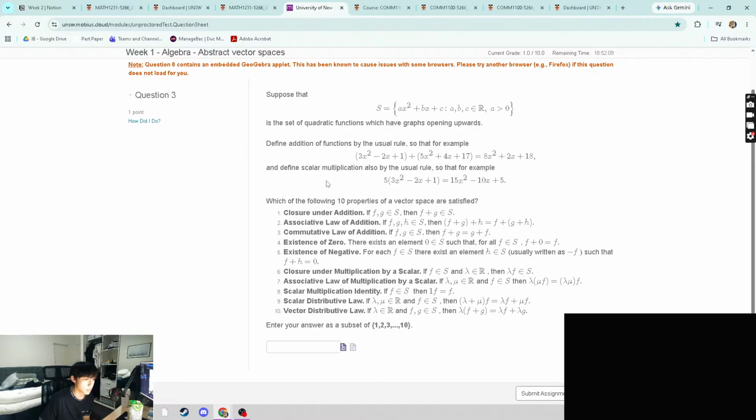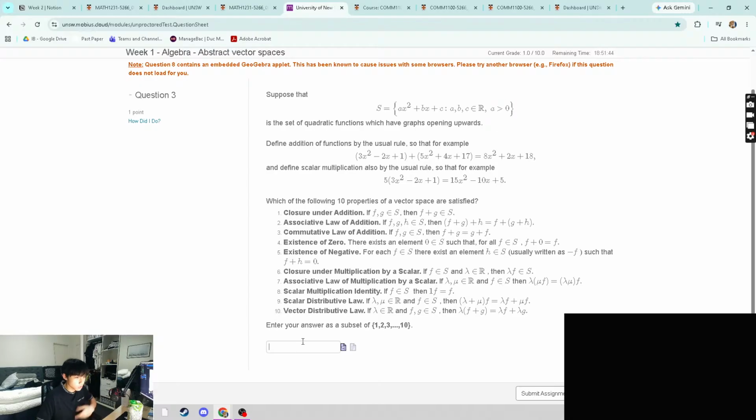Well, the first thing I can see is that we'd have closure under addition because positive is going to keep it positive, and then the associative laws are probably fine. If we put 0, 0, 0, the zero vector cannot be satisfied, right?